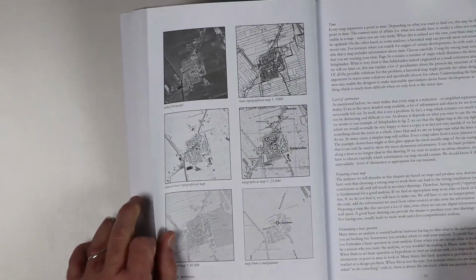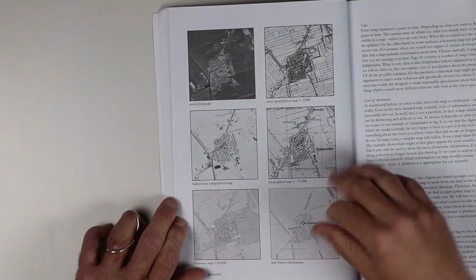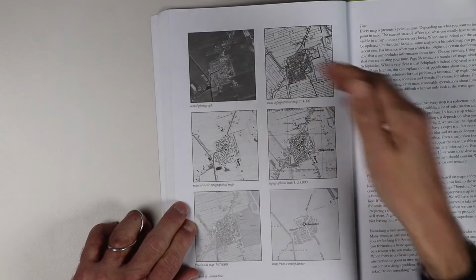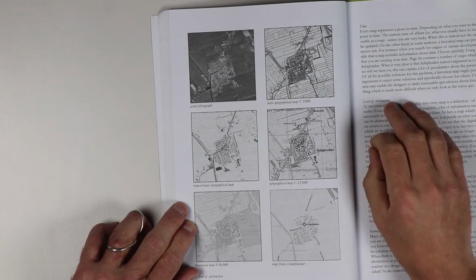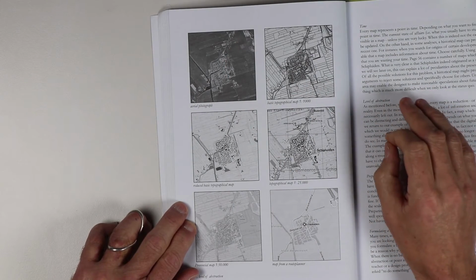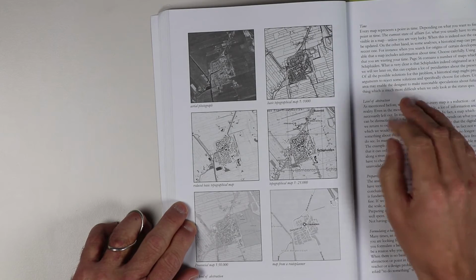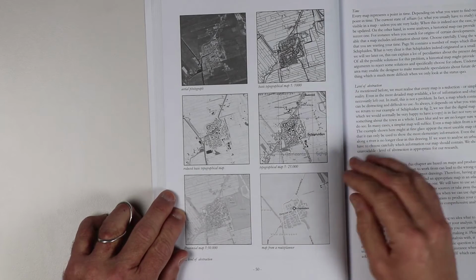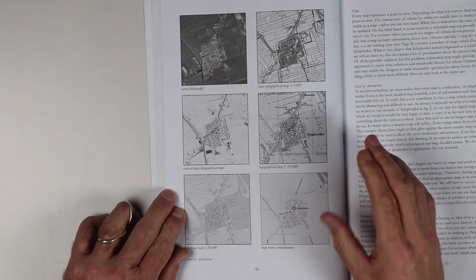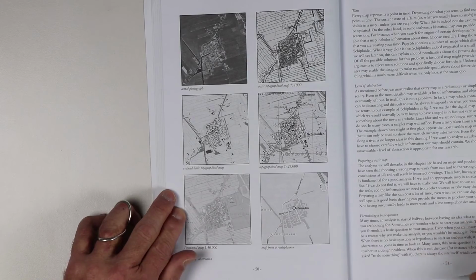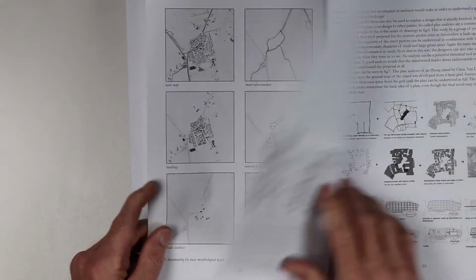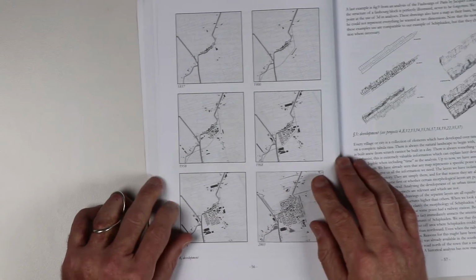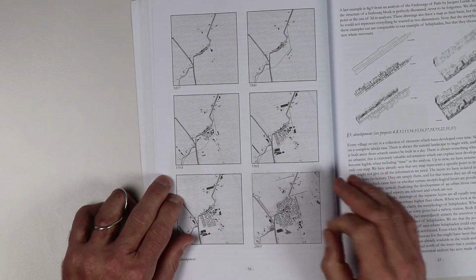Another thing is that there are different levels of abstraction to maps. Of course, a photograph has a different level of abstraction, shows a different level of detail than, for instance, a DWG file like this one. Again, depending on what we want to know, we have to know if we're looking at the right level of abstraction. And another thing is that looking at maps, we always have to check whether we are looking at the right period in time.